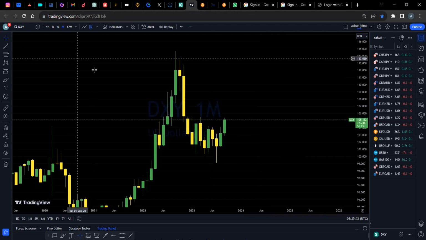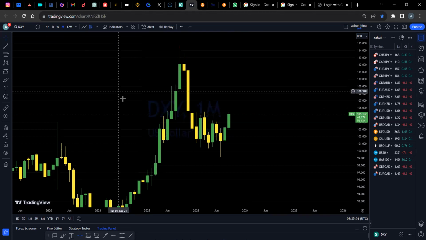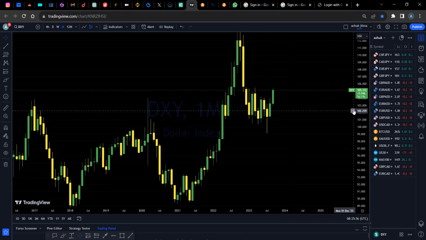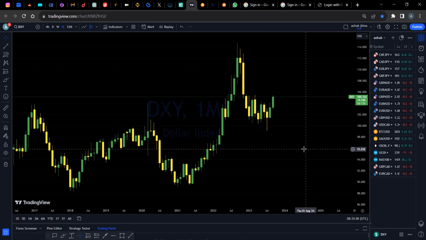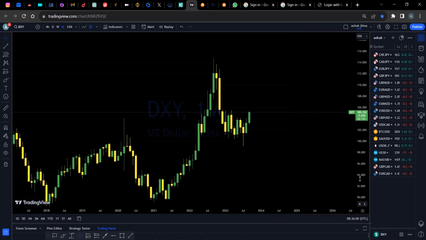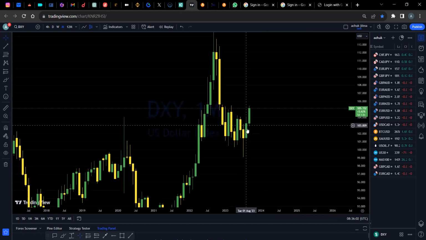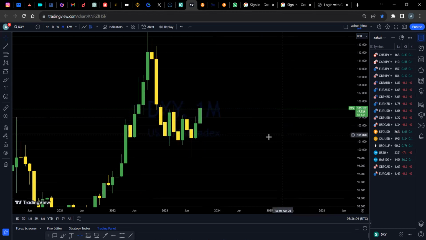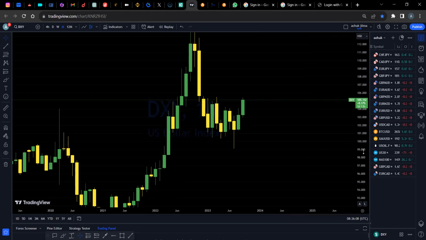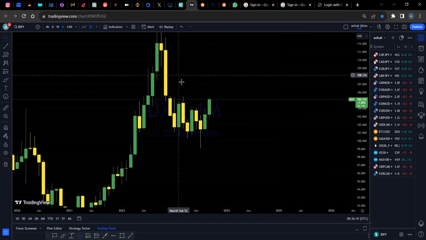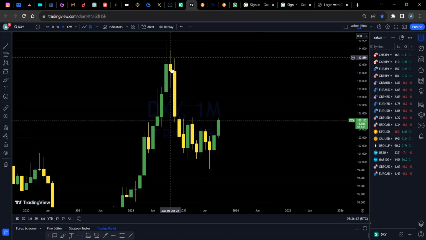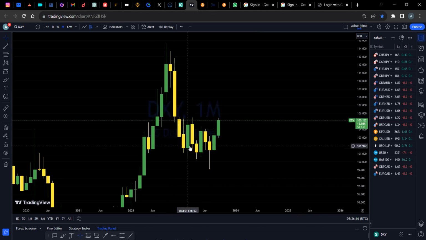Looking at DXY from the monthly time frame, if you have been watching some of the videos we've been doing, you will see we've been tracking the DXY all the way down here for the last month based on weekly outlooks. On the monthly, if you look at this candle, we had a serious impulse to the downside with a strong break.